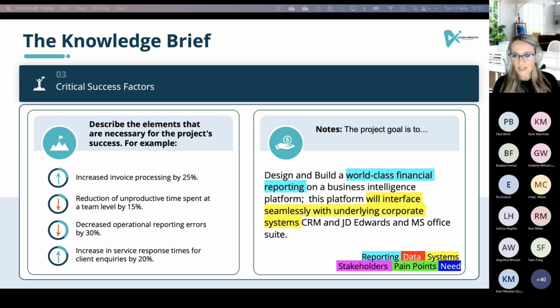So again, as an investigative journalist, if you were interviewing someone that went, oh yes, we're world class, you would go, well, what do you mean by that? Like, what does world class mean to you? And how do you know that this business is world class, or how do you know that we can actually reach that goal of world class?